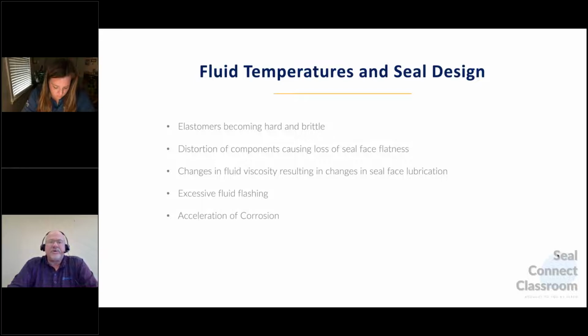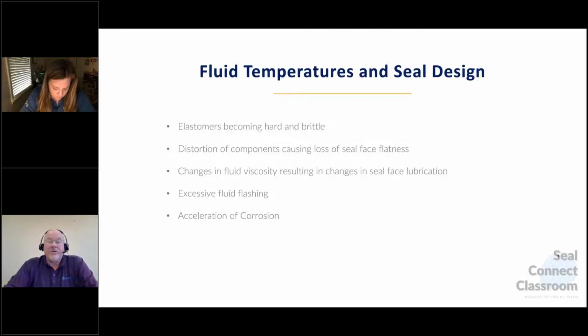Things that you have to consider when you're dealing with temperatures. Elastomers are a big thing. Most seal companies will use Aflas or Viton or EPR. If you get to some of these elevated temperatures, you're stuck with using some of these higher temperature elastomers like Kalrez and those things. And in this market today, those of you that are using Kalrez, you need to be very careful about your Kalrez inventories these days, because a lot of the material that's used to make those elastomers comes from Russia, and as we know today, we can't get those materials.